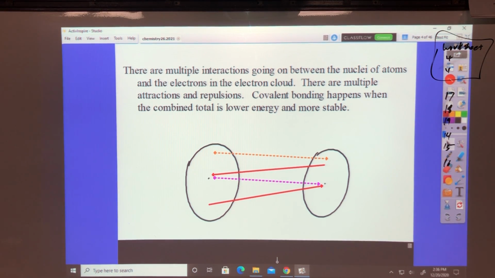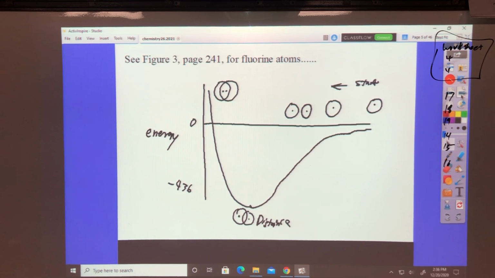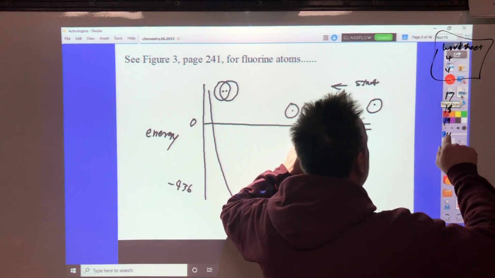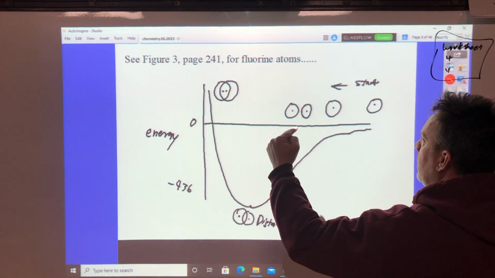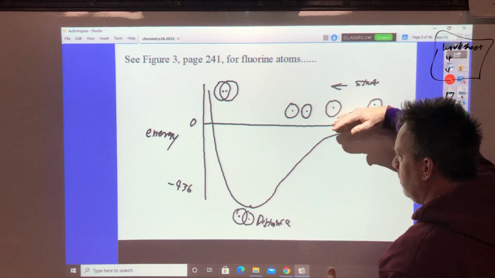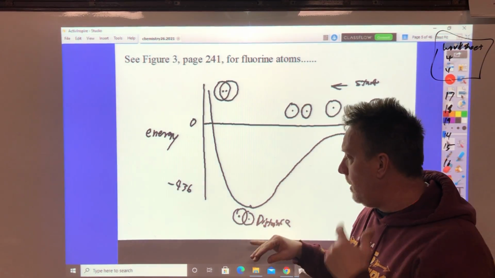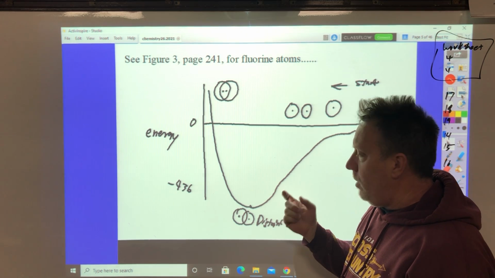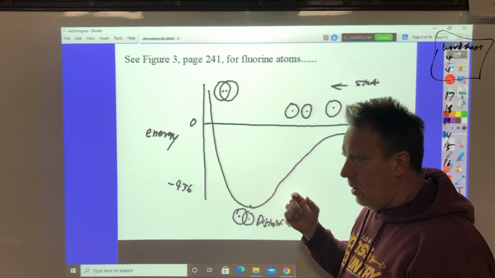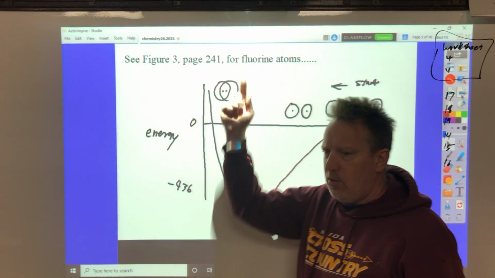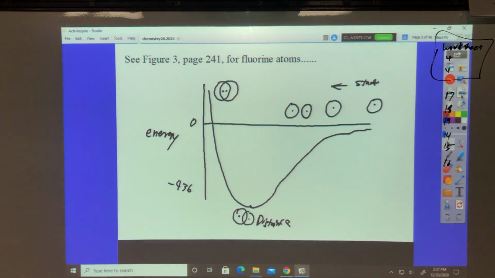But what this question is talking about was this diagram, which your book does for fluorine. If you start with 2 atoms that are really far apart and they come closer together, they're going to reach some optimal energy if they're going to covalently bond, where they are energetically more stable. And if you try to put them too close together, then energy gets really high. So that's what that question is about.